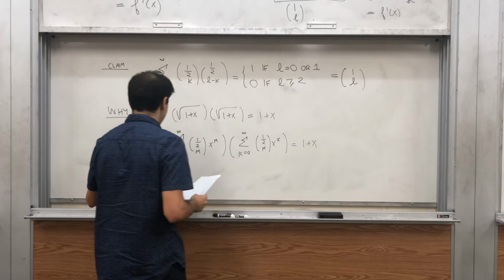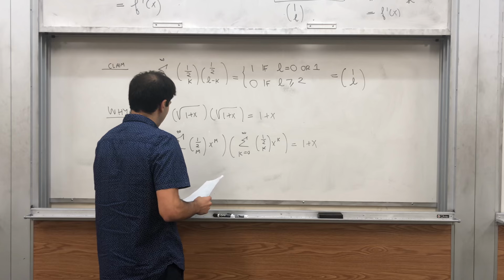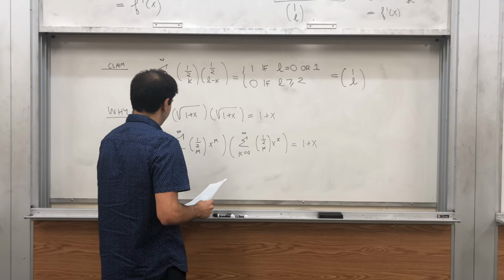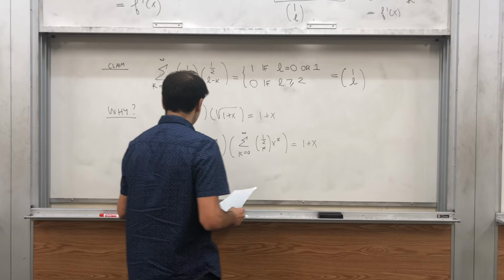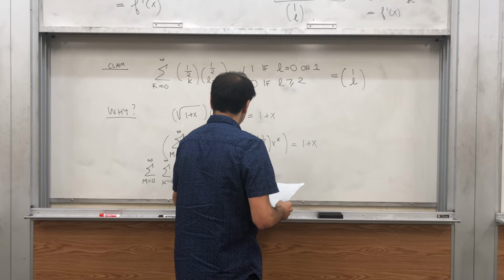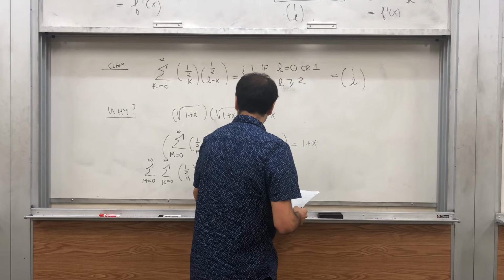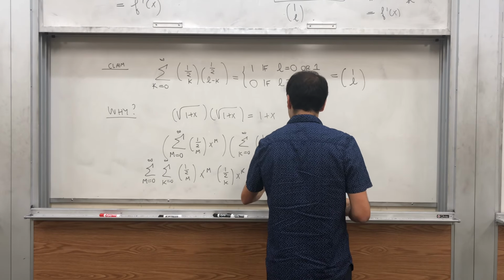So if you want, this is the sum from m from 0 to infinity, sum from k from 0 to infinity of 1/2 choose m x to the m times 1/2 choose k x to the k. And that equals 1 plus x.